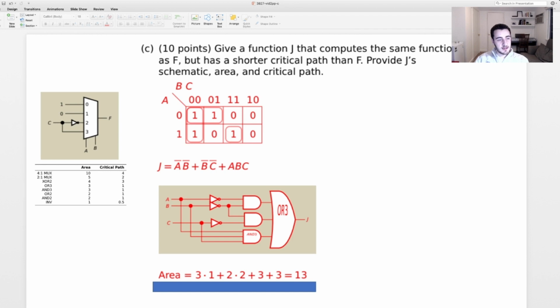Either way, it goes through the 3-input OR gate, which has a delay of 1, so it's super fast. If it was just to go through the 3-input AND gate, it would also have a delay of 1, so that would be 2. If it goes through an inverter and a 2-input AND gate, that has a delay of 0.5 plus 1, so that actually takes a little longer because it's 2.5, and essentially that is the overall critical path. It's 2.5.